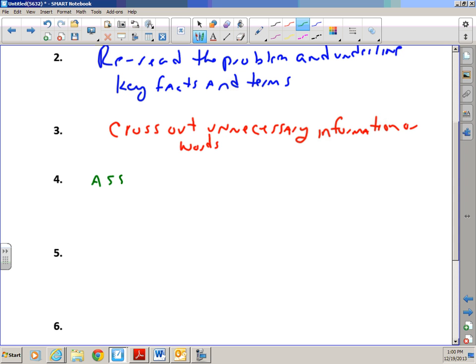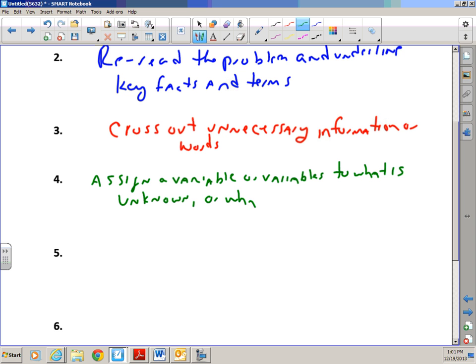Step 4, assign a variable or variables to what is unknown, or what you are solving for.